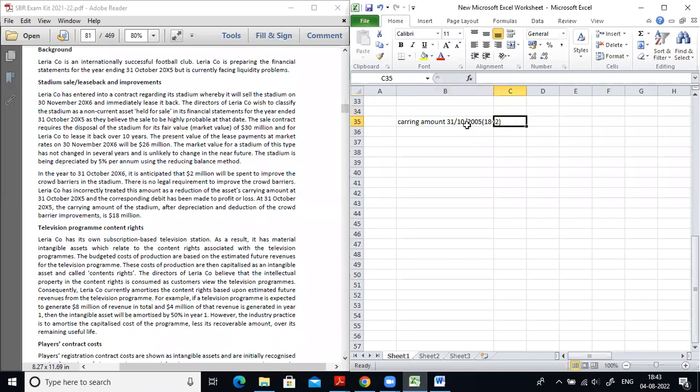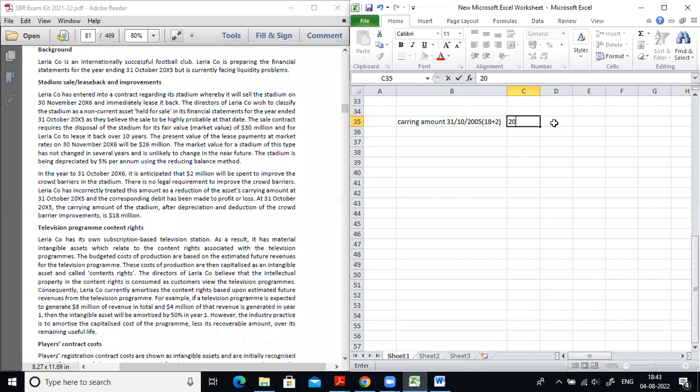So total comes to 20. I hope I'm clear on this first step, right? Then we need to compute the depreciation.